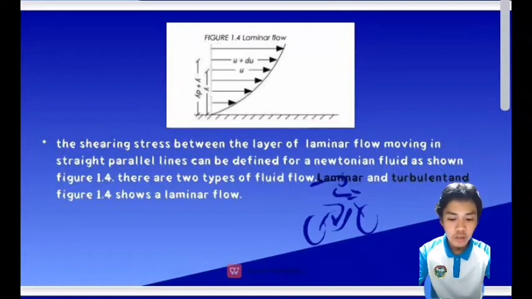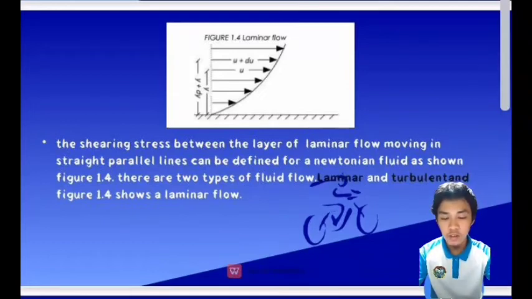And sa direction of flow at every point remains constant. Sa turbulent flow naman, siya yung mas complicated kasi irregular yung movement niya. Tapos, nag-move siya horizontally and vertically.